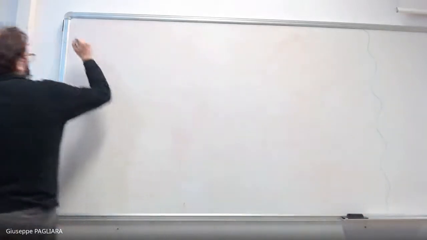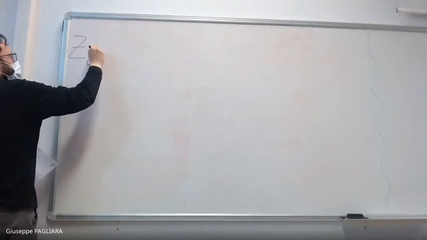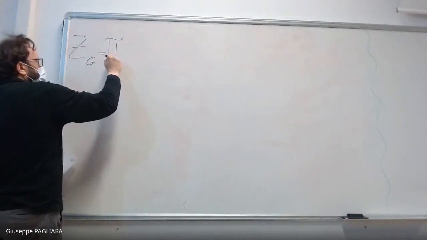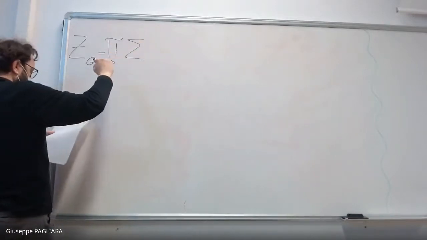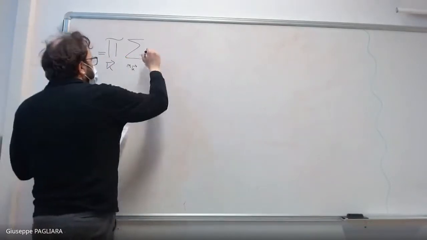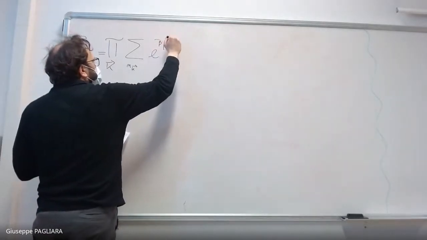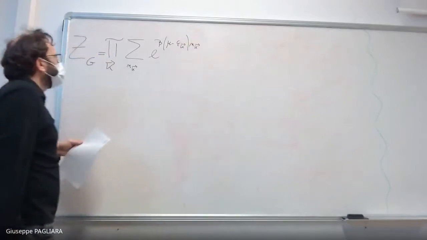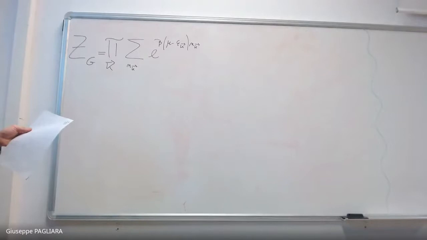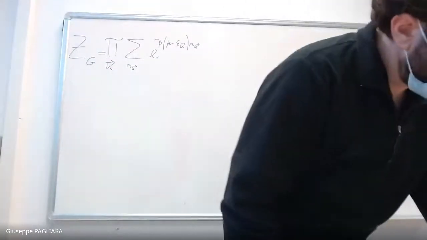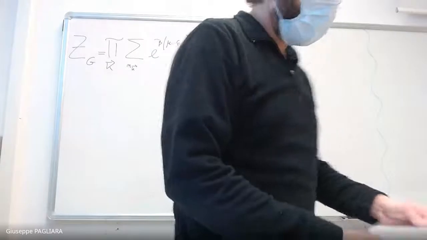So the grand canonical partition function was written as product over k, and here we have the sum over nk of e to beta mu minus epsilon k times nk. Okay, so here I have inverted the sum and product.